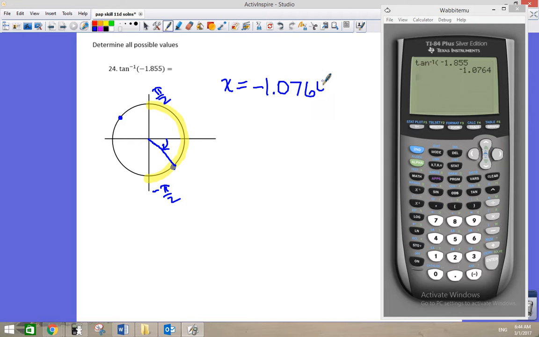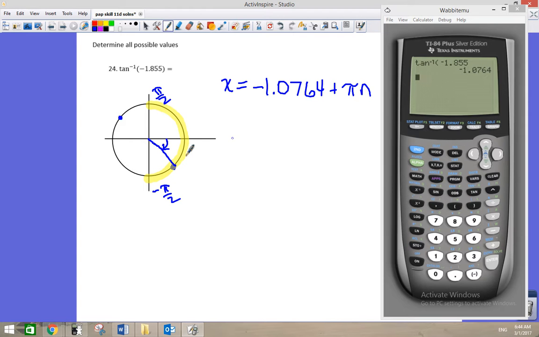So I can just use this. And then from here, I can describe all the solutions by just adding pi to get to the next point, and then add pi to it to get back to that point. So here's all of the solutions, with the period for tangent and cotangent being just pi.